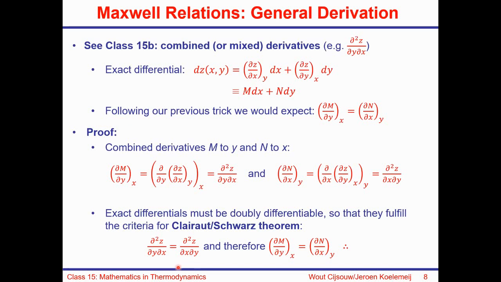This basically says that the ordering of dy dx or dx dy doesn't really matter. It doesn't matter in which order you take these different partial derivatives. It's equal, and in that case, you arrive at the expression that we were trying to prove. So this is basically our proof. If you're interested, feel free to look up Wikipedia about this Clausius-Schwarz theorem, but it's by no means part of the subject matter that you need to know for the exam.